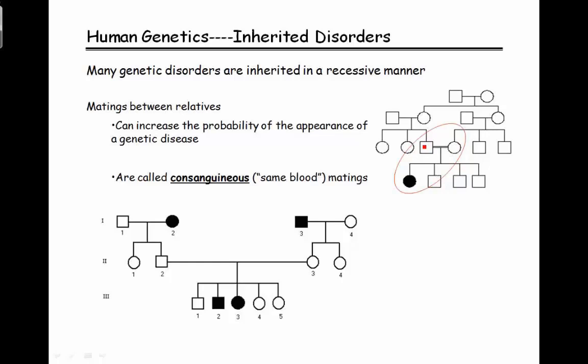The reason that this is going to increase the probability of getting a genetic disease in the offspring is because you do share a lot of DNA with your relatives, obviously. There are many genetic disorders out there, and we're all predicted to be carriers for some number of genetic disorders.